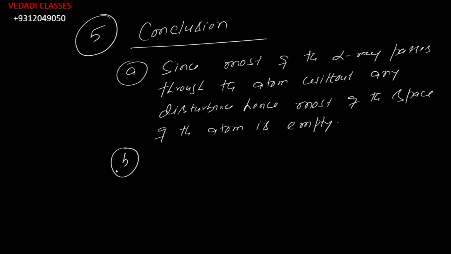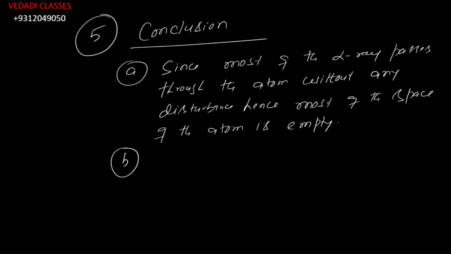Now, since some of the alpha rays are deflected with some angle, there must be some particle near the nucleus. And the third one is that some of the alpha rays reflect back on their own path.